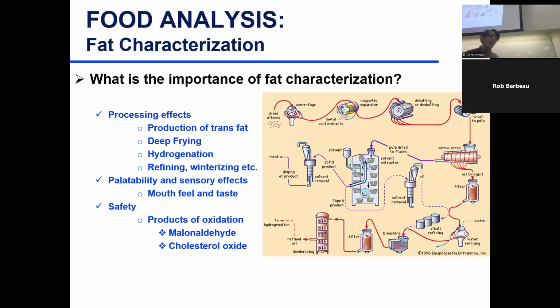Because the presence of high free fatty acid content gives that oil a short shelf life, because free fatty acids are more prone to oxidation than fatty acids in ester form in triglycerides. So non-refined oil is prone to oxidation and has a shorter shelf life than the refined oil because of that free fatty acid.